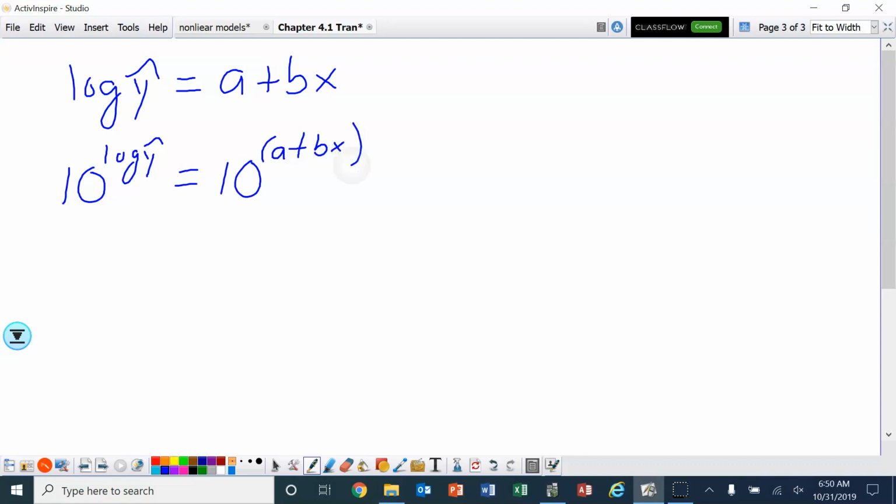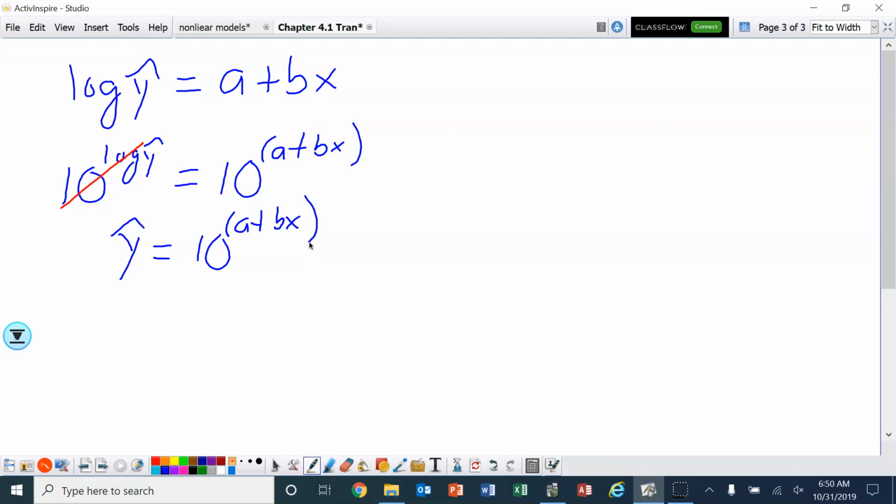Again, the reason we did that is so that we can get rid of the word log. So what are we left with? Using our rules for logarithms, they cancel out, and we're left with y hat equals 10 to the power of a plus bx.